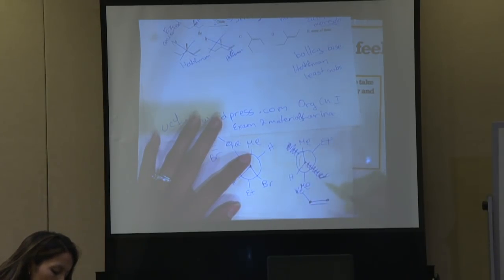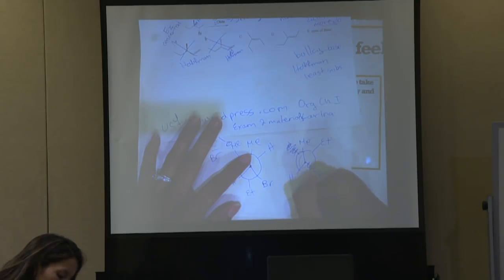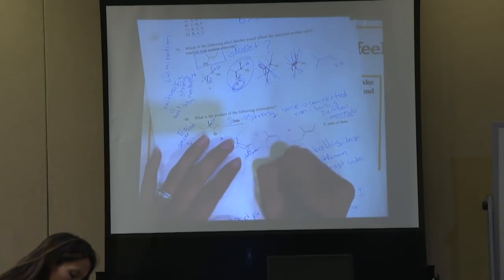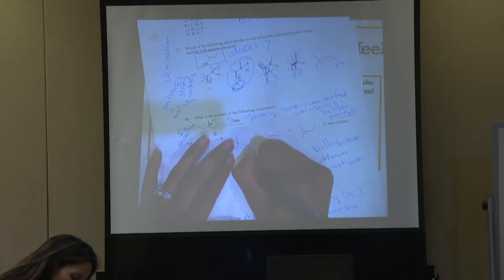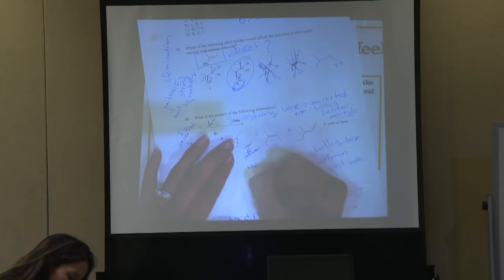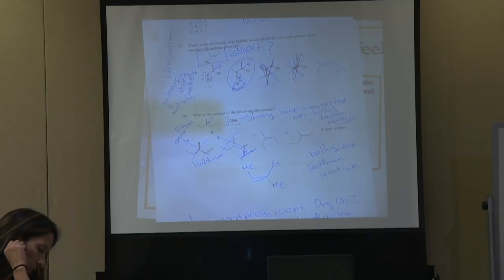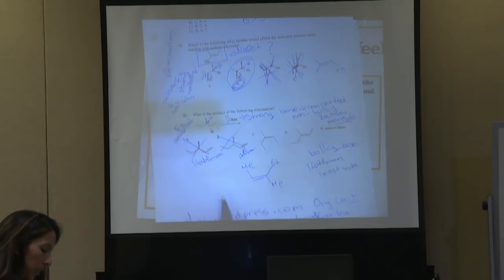And what's going to the bottom? Hydrogen. And on my back carbon, what's going to the top? Ethyl. And what's going to the bottom? Methyl. So which one is it, guys? Are they cis or trans to each other? Which one is trans out of these ones? C.